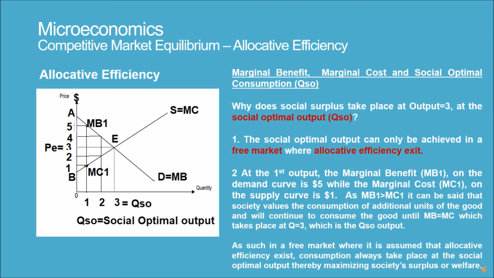As MB1 is greater than MC1, it can be said that society values the consumption of additional units of the good and will continue to consume the good until MB equals MC, which takes place at Q equals 3, which is the QSO output. As such, in a free market where it is assumed that allocative efficiency exists, consumption always takes place at the social optimal output, thereby maximizing society's surplus or welfare.